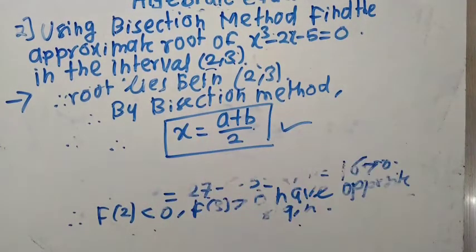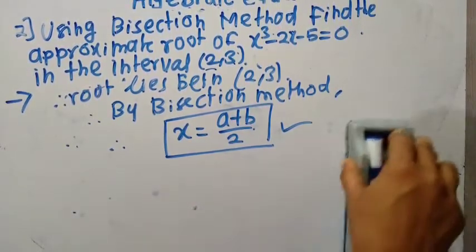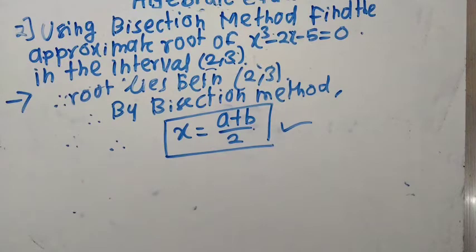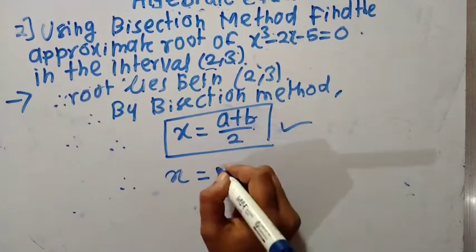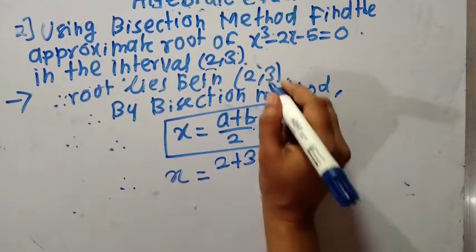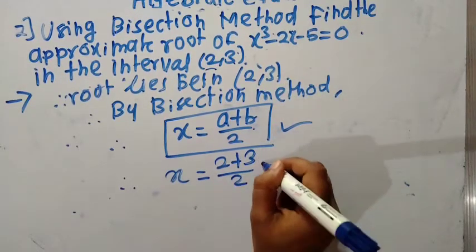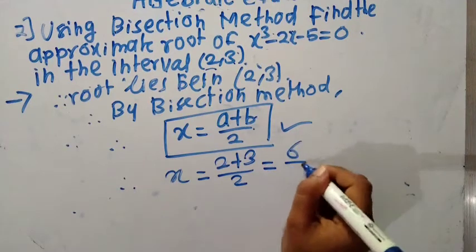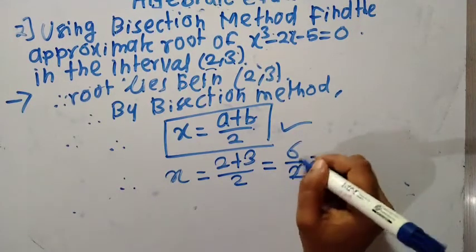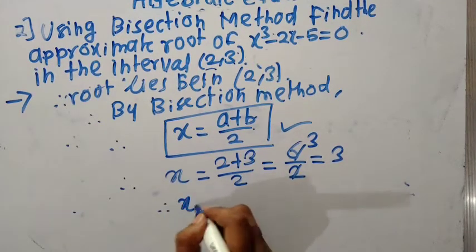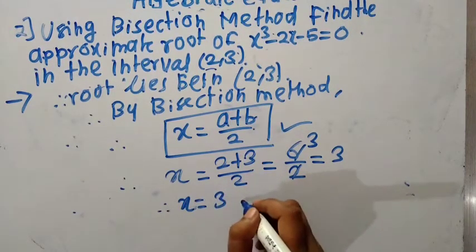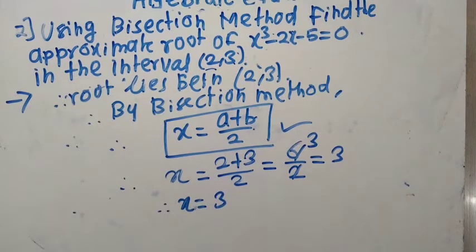It is the approximation value. Then find out x is equal to 2 plus 3 divided by 2, which is equal to 5 divided by 2. So x is equal to 2.5.